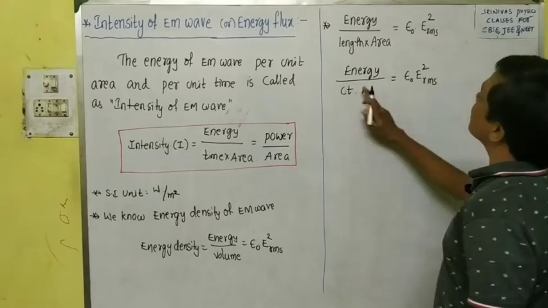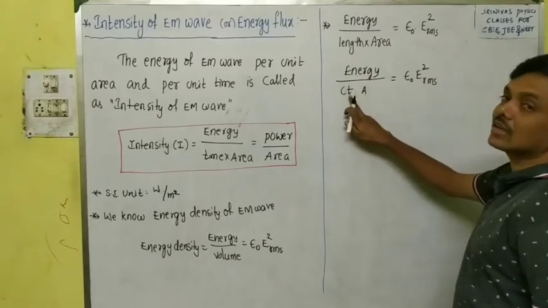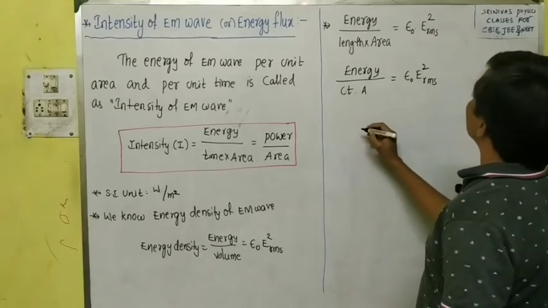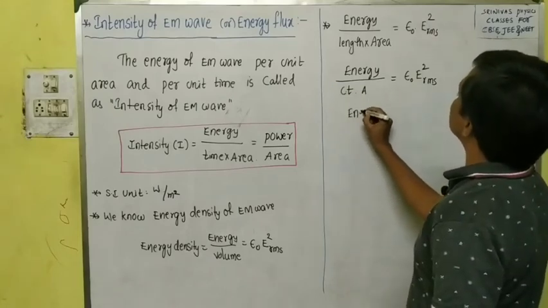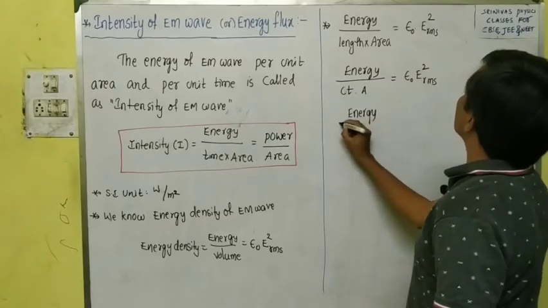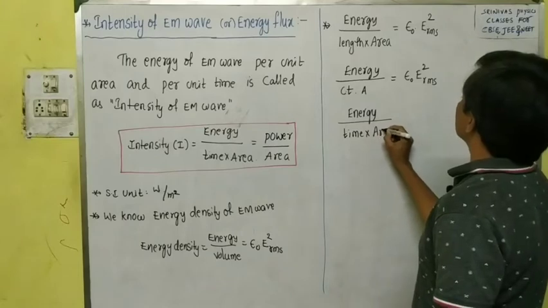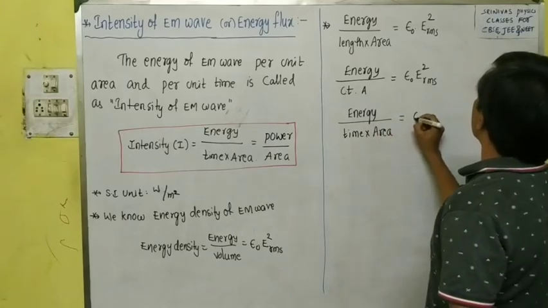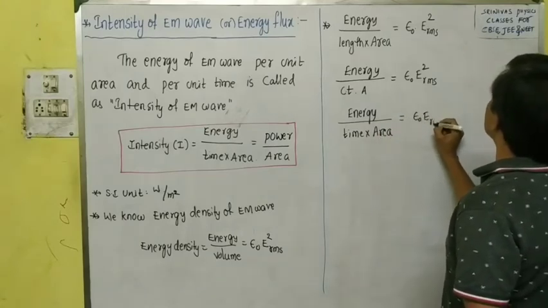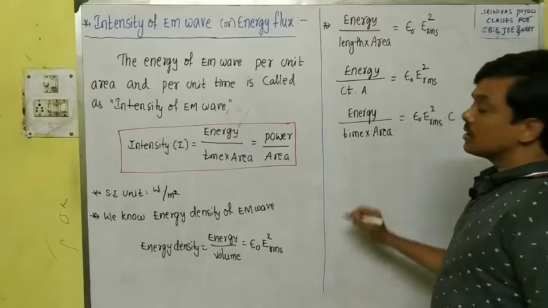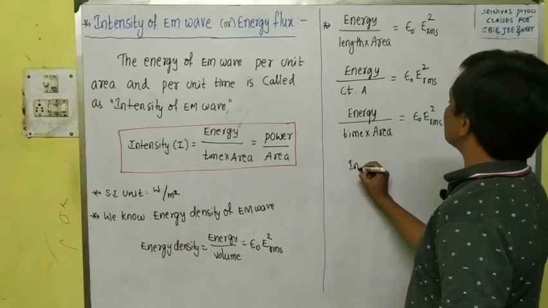In this you see energy, here we got time, here we got area. This c we can take to the right side. Then we will get energy by time into area, and its formula is epsilon naught ERMS square into c, right?